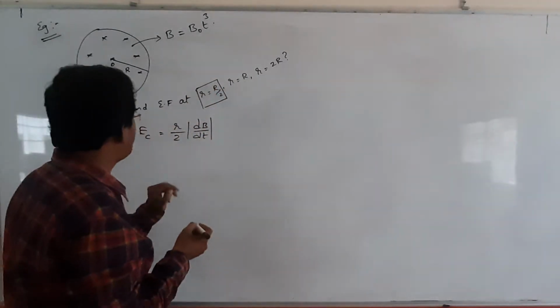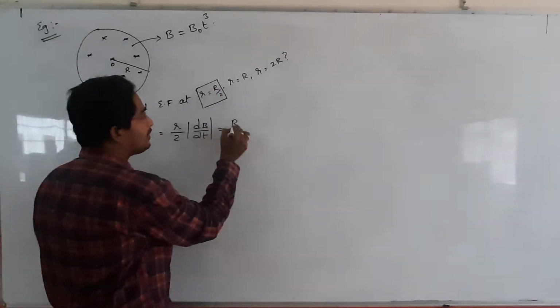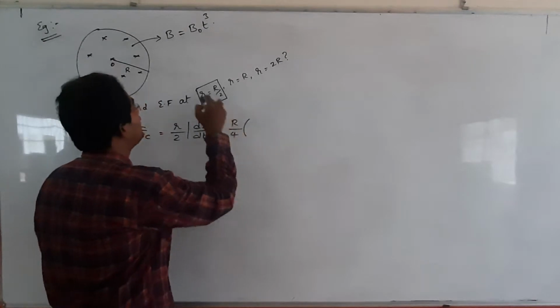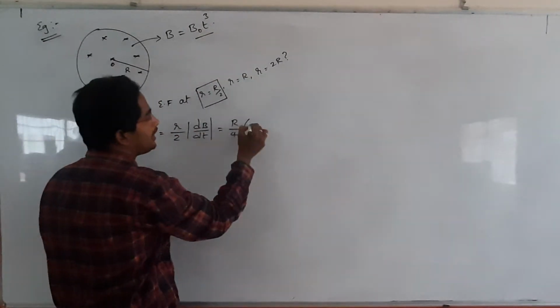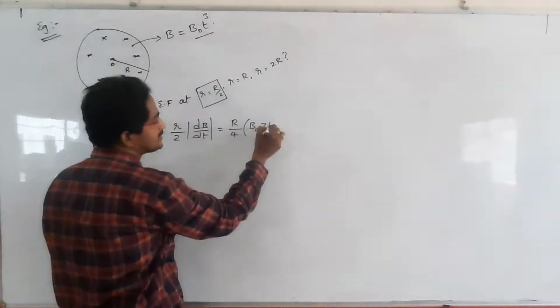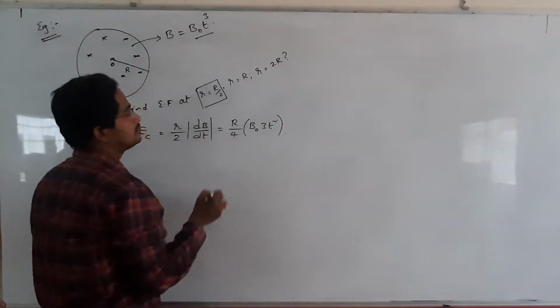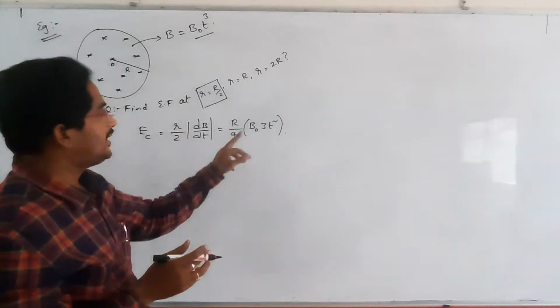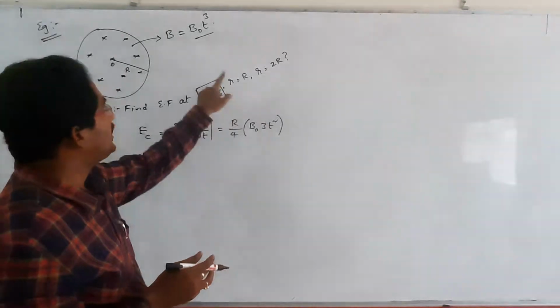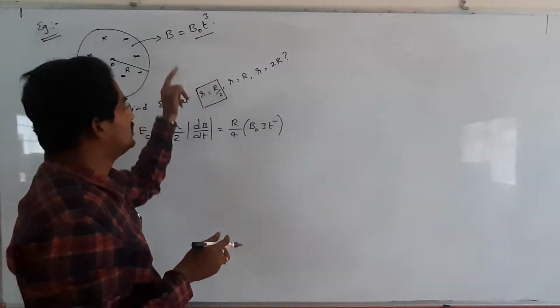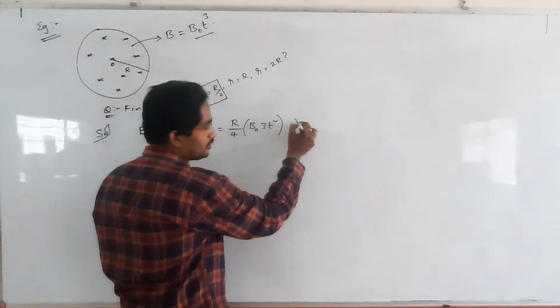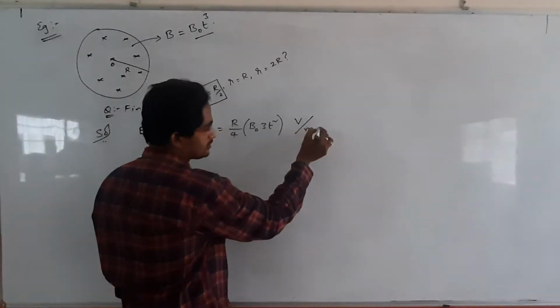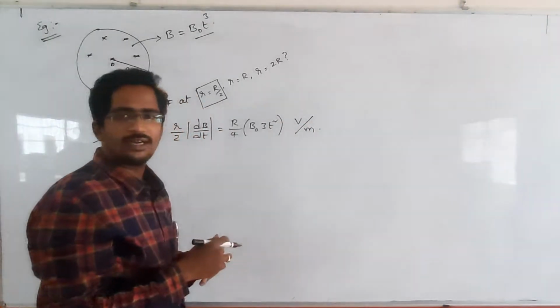How much will we get? R by 4 into dB by dt, which here is B naught into 3t square. That is the dB by dt value. So what is the unit? Volt per meter.